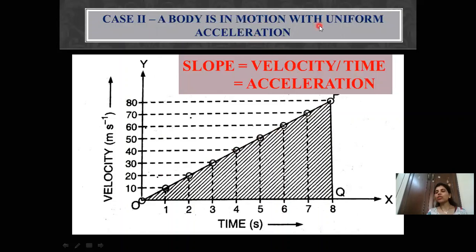Now, the words uniform acceleration and variable velocity are one and the same thing. The velocity is changing, but if the velocity time graph is showing a straight line graph, and if you take the slope, now here I'll be showing you the slope. I will find the slope two times, taking into consideration two different points.